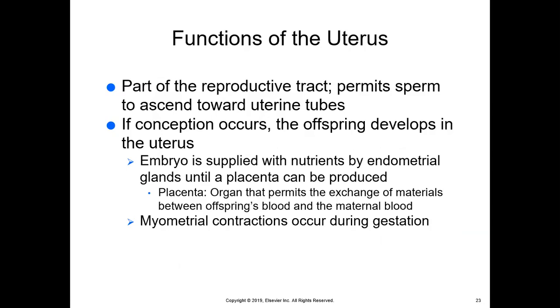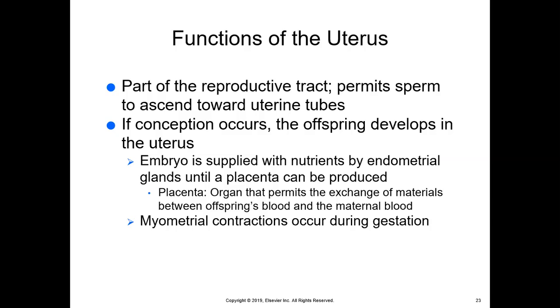It permits sperm to go up toward the uterine tubes. So the uterus is part of the tract that directs sperm to where the eggs are so that they can be fertilized. Then if conception occurs, the offspring develops in the uterus. So it's a tract to let sperm in, and it also is where the offspring will develop.